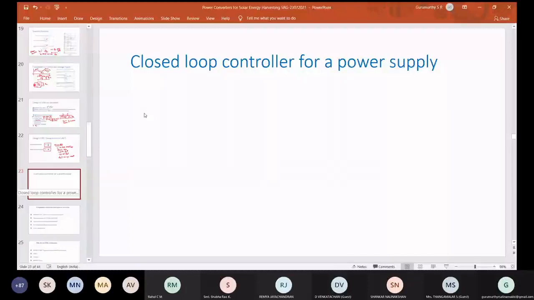Now we are the operator. Suppose it is a voltage controller, let us say. So we have a set voltage. Set voltage means maybe 9 volt, 24 volt, 36 volt, or 120, whatever you need. So you are going to have a set value.